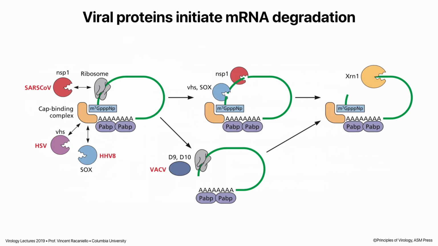And finally, vaccinia virus actually encodes its own decapping proteins that they don't just nick the RNA as do the VHS and SOX proteins there. They actually take off the cap, and of course that sends it to the XRN pathway as well. So the bottom line here is that the virus can encode enzymes that will chew up cellular mRNA. So not only do the viruses interfere with mRNA biogenesis, but if any mRNAs get out of the cell, they'll be chewed up by this system.